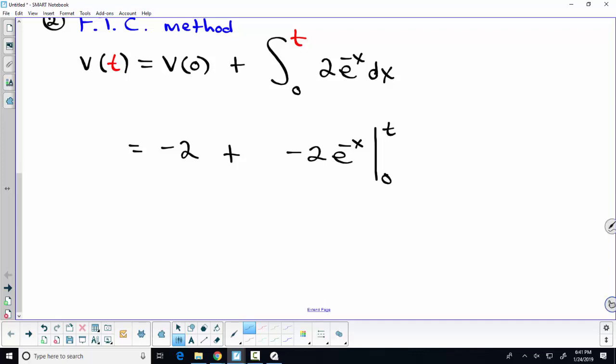So see, our initial condition's already built into that. We don't have to solve for it. That's essentially the difference there. So there's the antiderivative at the upper limit, minus the antiderivative at the lower limit.